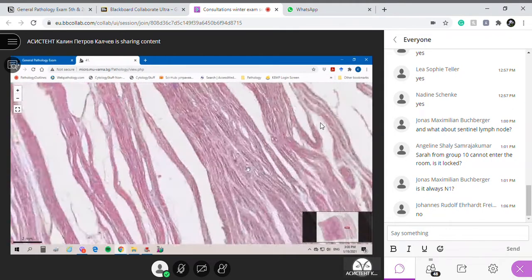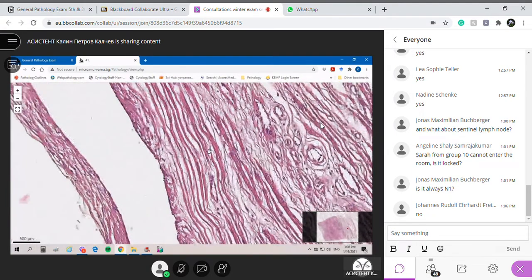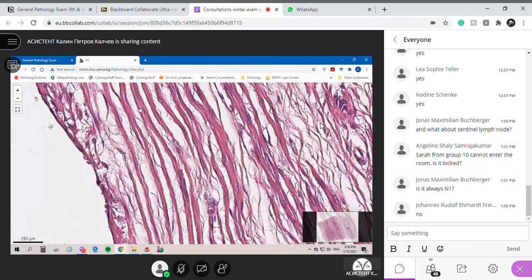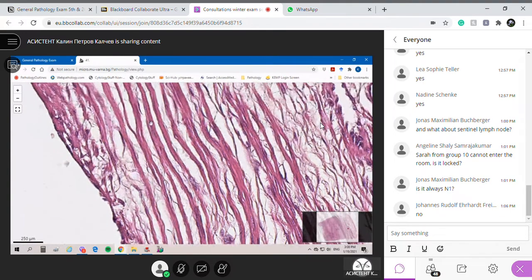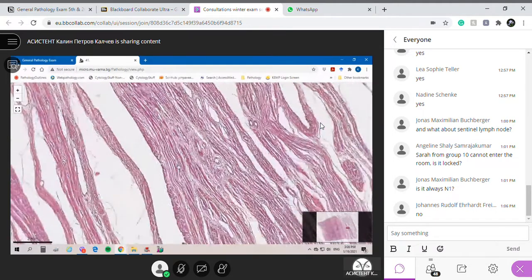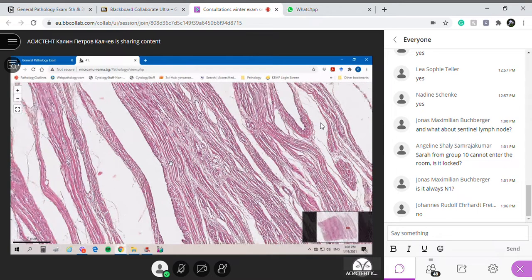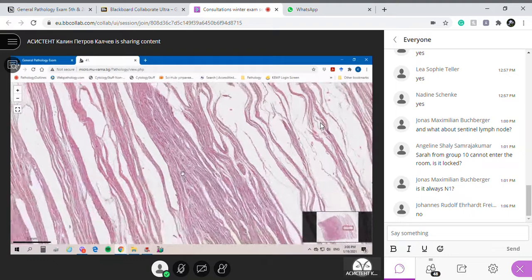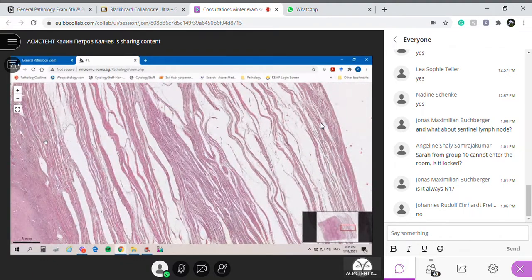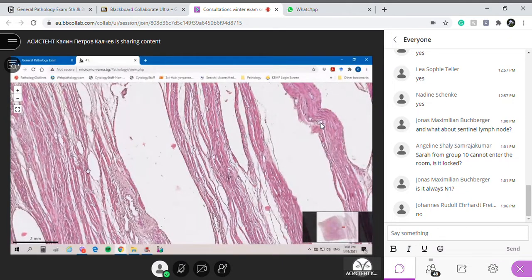Look here, the normal smooth muscle tissue is composed of these spindle cells, and these spindle cells have these elongated cigar-shaped nuclei, but all of these smooth muscle cells are arranged parallel to each other. This is the normal arrangement of the smooth muscle. So this is the proper arrangement. All the cells go together in these parallel fascicles.